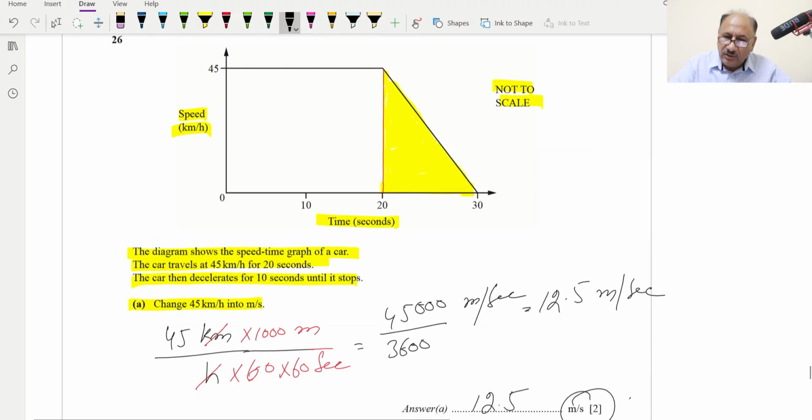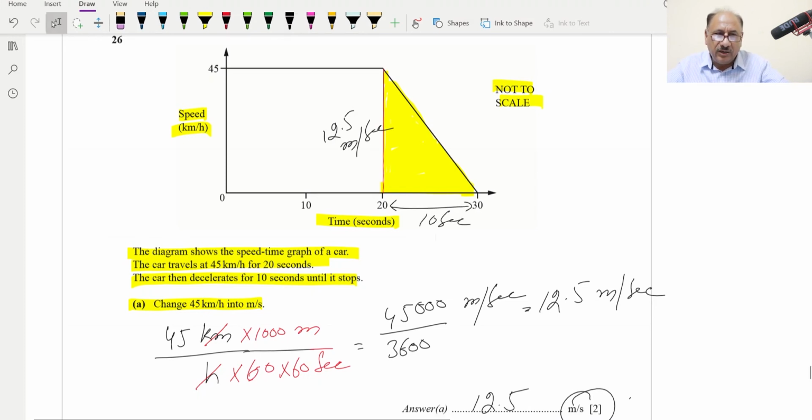This side will be 45, but this will be kilometer per hour, or we can say it as 12.5 meter per second. So we can take this side as 12.5 meter per second, and this side is in seconds, which is 10 seconds.